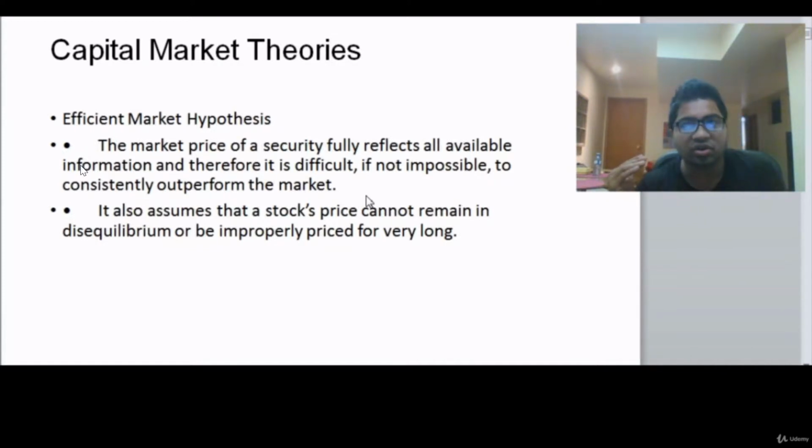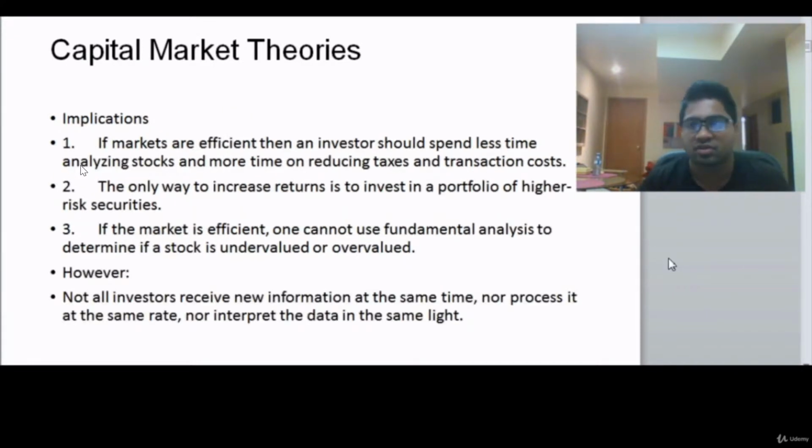So you cannot time the market. That is what this theory says. It also assumes that the stock price cannot remain in disequilibrium or be improperly priced for a very long time, so it will tend to move towards equilibrium.